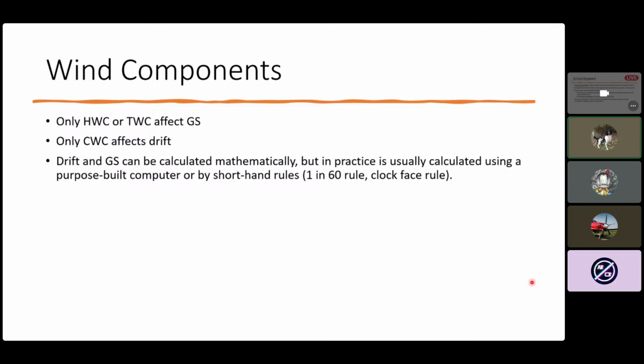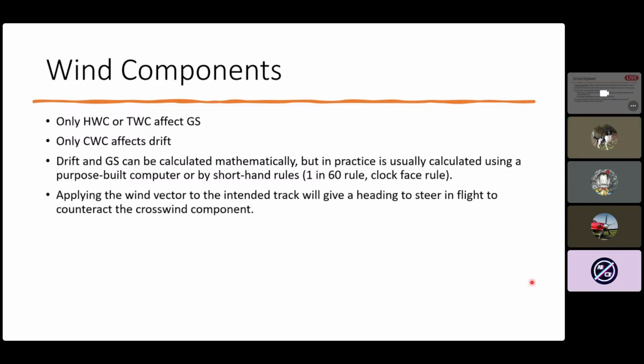So you can calculate drift and ground speed mathematically using basic trigonometry, sine and cosine. But pilots generally don't have the time or the patience for that, so we use computers, flight computers specifically designed to do that job for us.